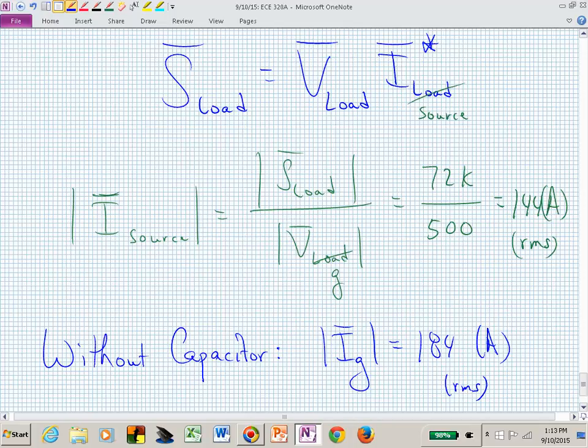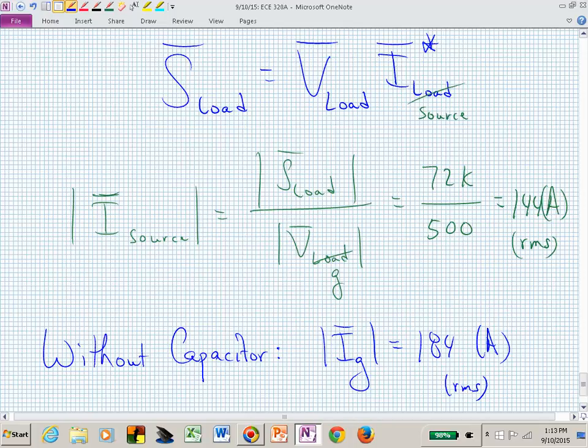And if we had any kind of resistance in the transmission line between the source and the loads, that's going to be I squared R losses. We square 144, that's not going to be nearly as big as squaring 184.